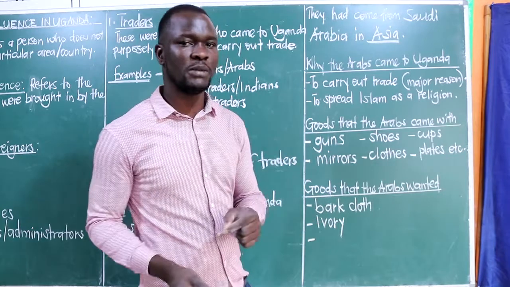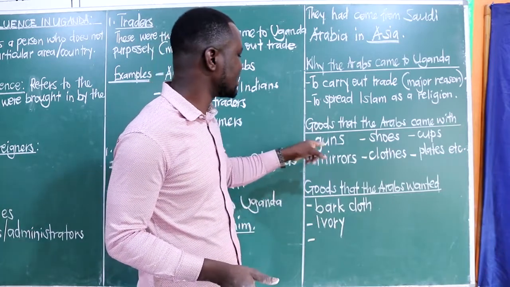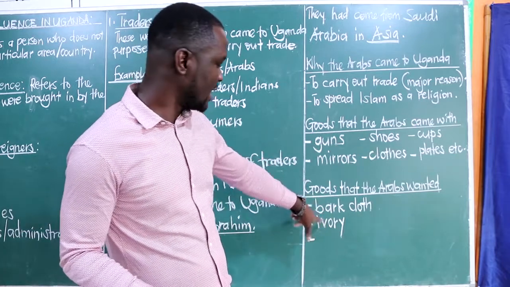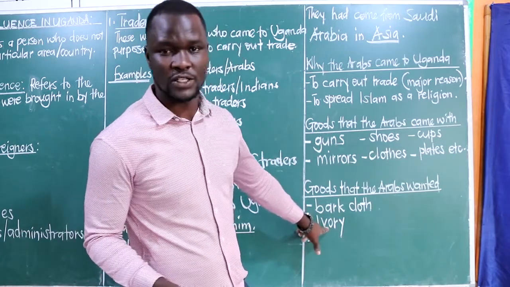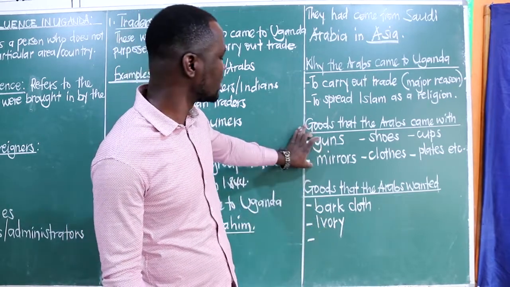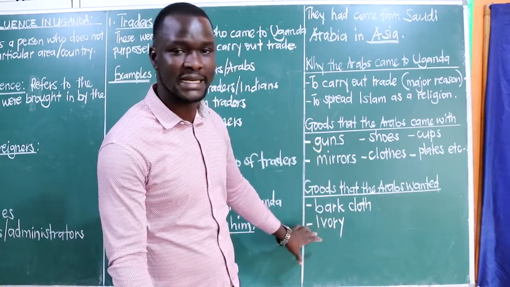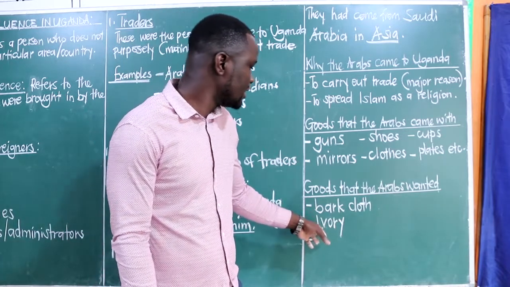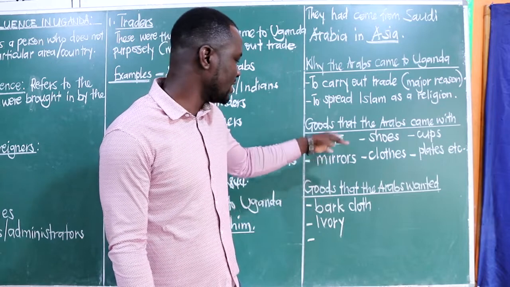The mistake you will make is for you to tell us that the Arabs killed the elephants. No, the Arabs could not kill. For them, they had their goods. The elephants were killed by the Ugandans who wanted to get the ivory to exchange with the Arabs.